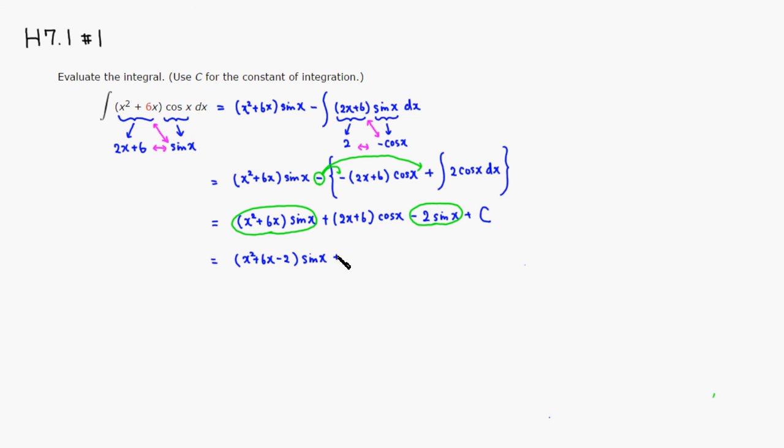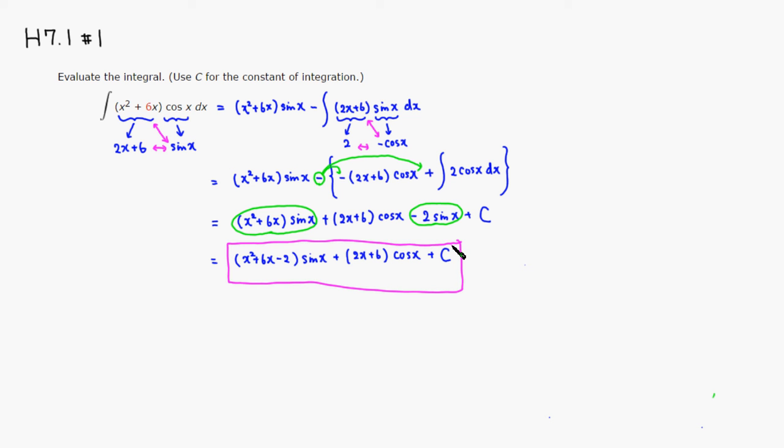Then we have a cosine term, 2x plus 6 times cosine of x, and then plus some constant c. So that's the integral that we are looking for.